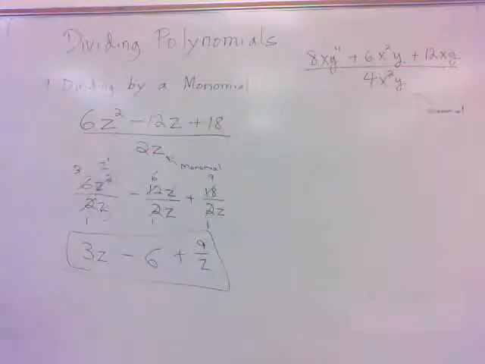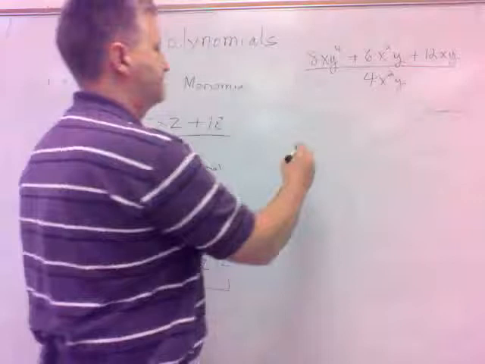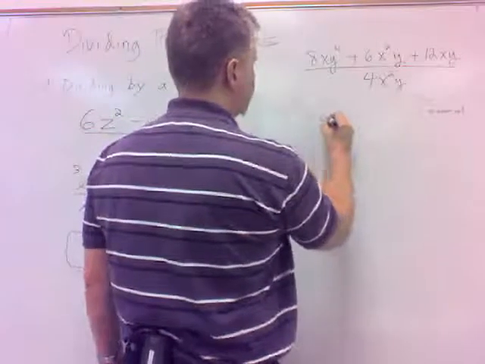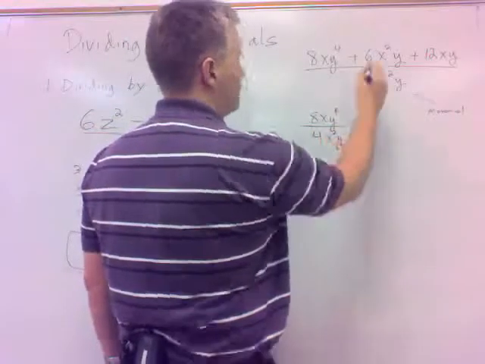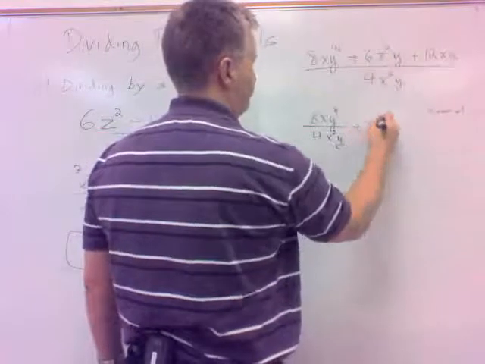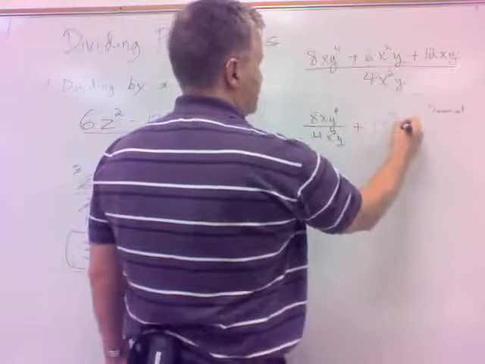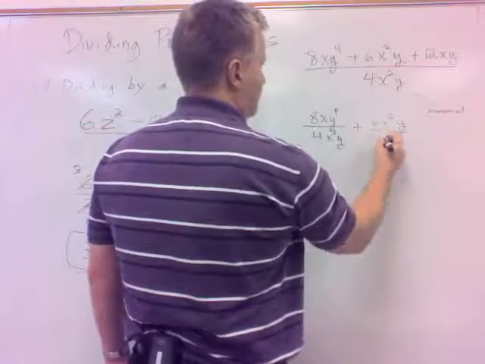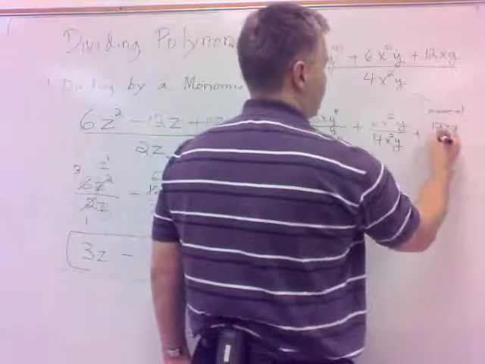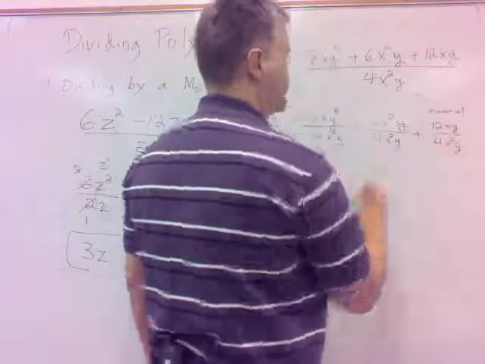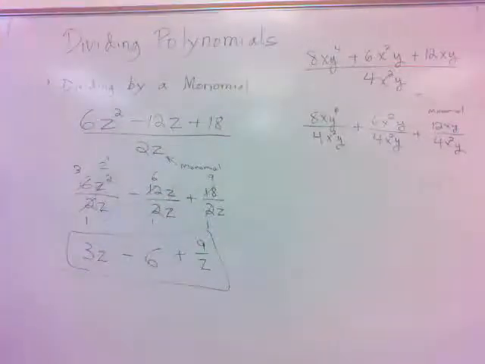So they're just going to want us to separate it all out here. Separately divide by 4x squared y each of these terms on the top. So 6x squared y, divide it by 4x squared y also, and then 12xy divide by 4x squared y also. Okay? And then do the cancel.